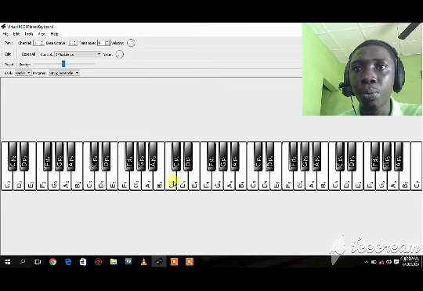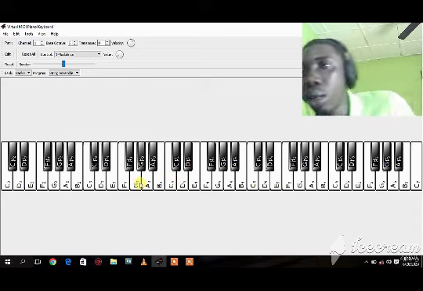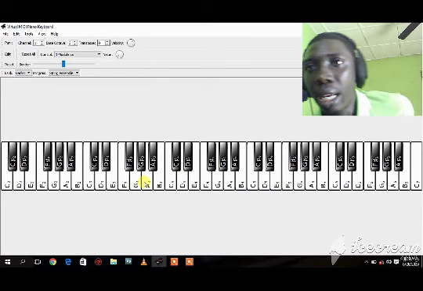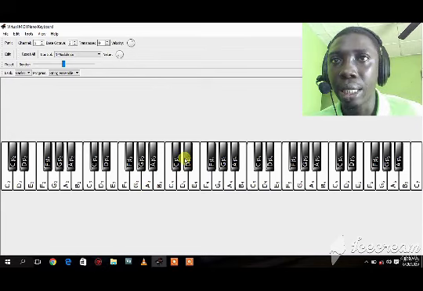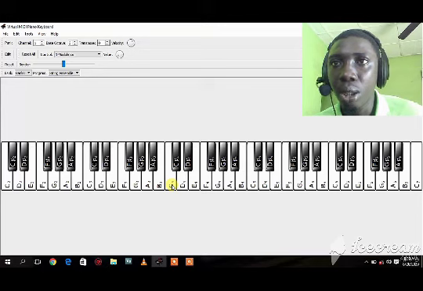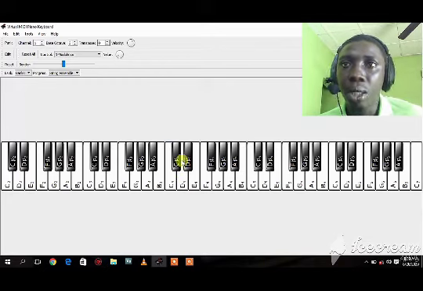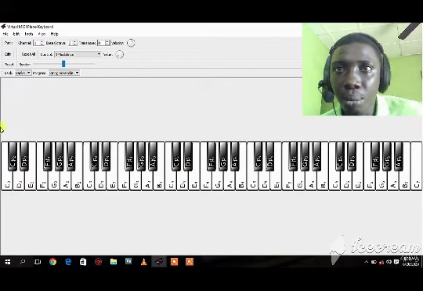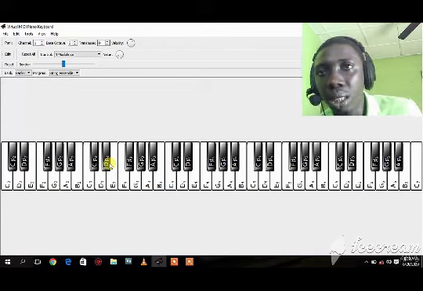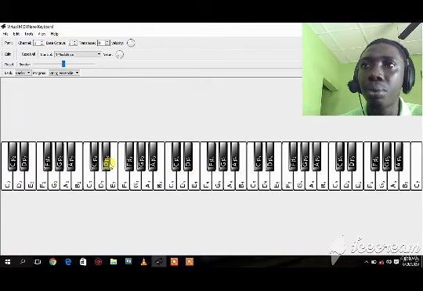The next would be the Aeolian mode, where your C happens to be the La in this case. Now if you remember, this will be La, is it not? Now if this is La, this will be Do. So E flat major scale is the same thing as your C Aeolian mode.